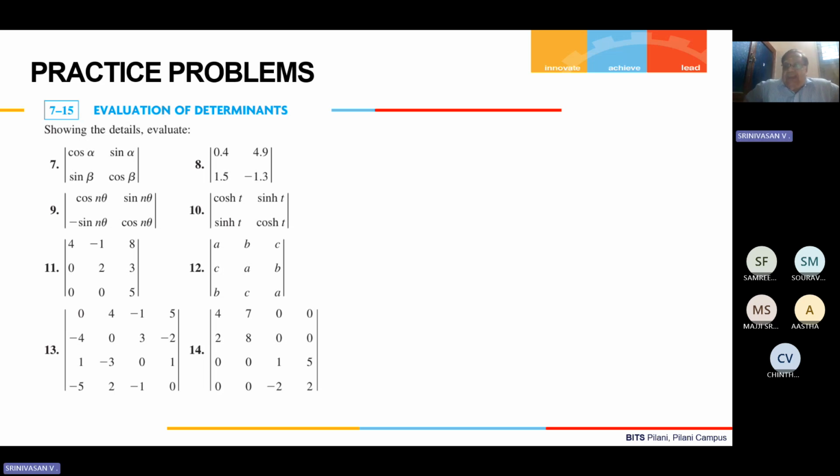Cos A, cos B minus sin A, sin B. Is there anyone to respond? What is it equal to? Cos of alpha plus beta, or cos of A plus B. Anyway, okay. So you can expand and evaluate.